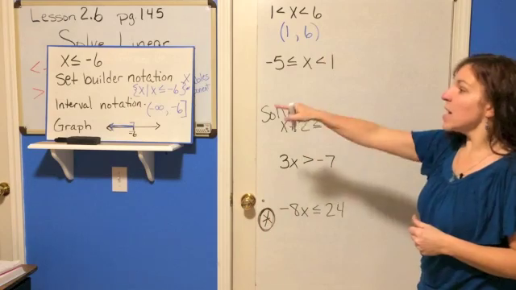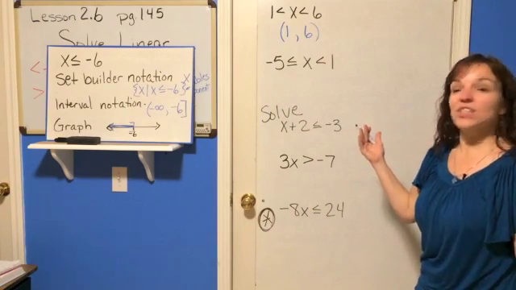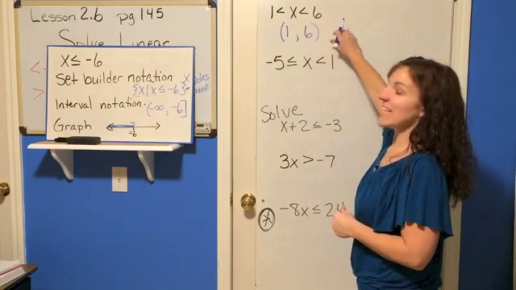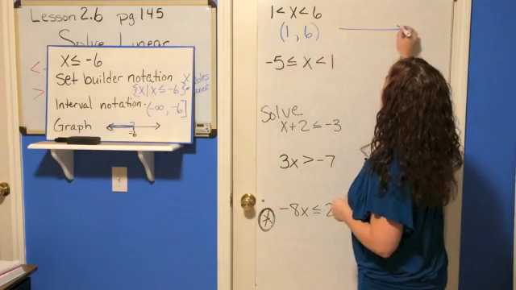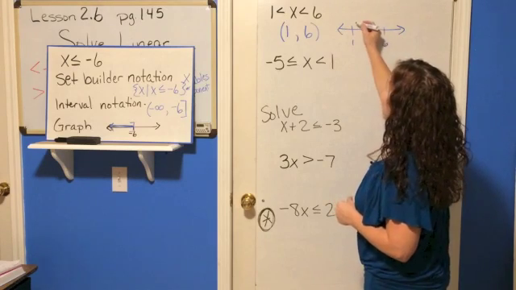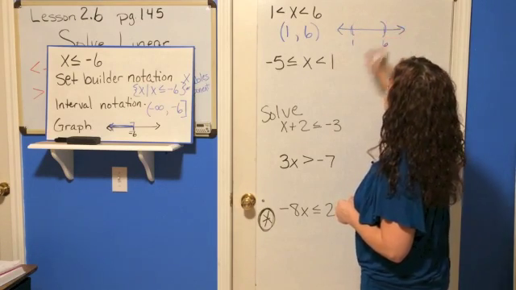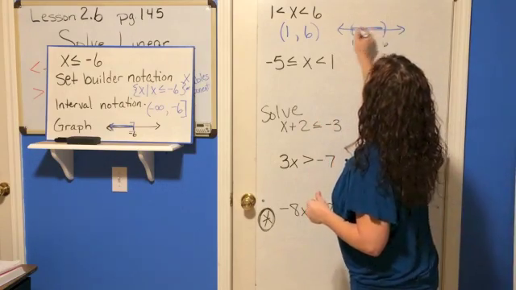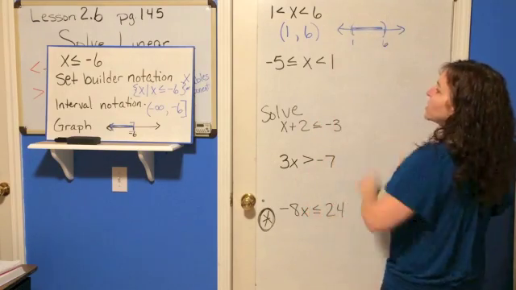So that is my interval notation for the answer to 1 is less than x is less than 6. That's the set. So when you're graphing it, you're going to graph the two endpoints, 1 and 6, and you're going to put the parentheses to show the soft endpoints and graph what's in between. All right? Let's do another one.